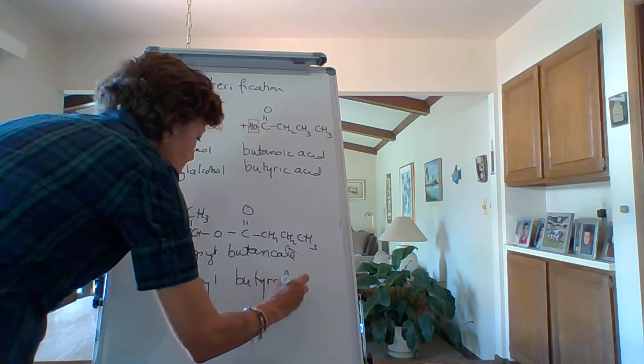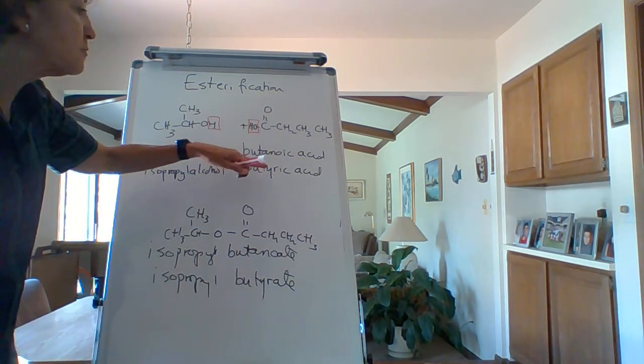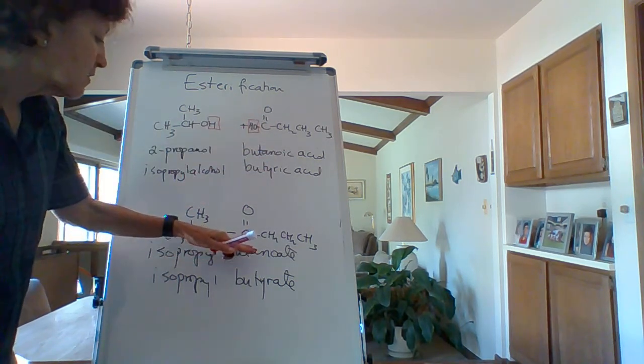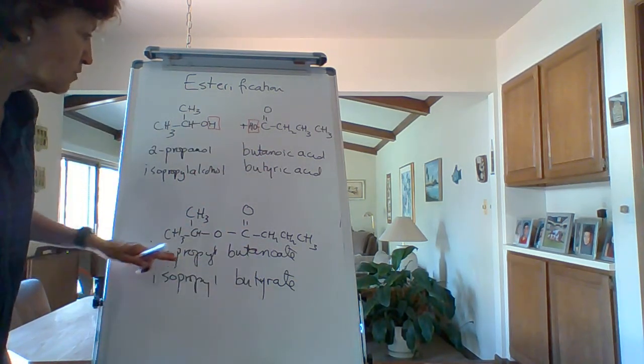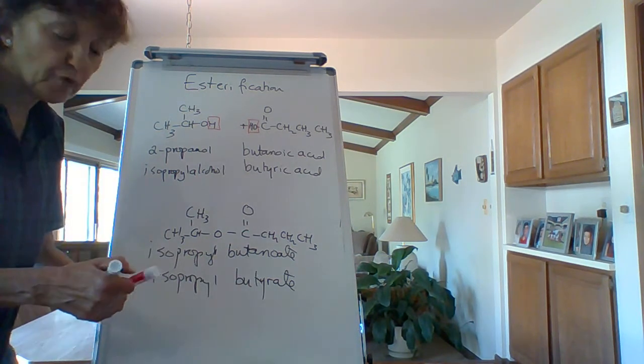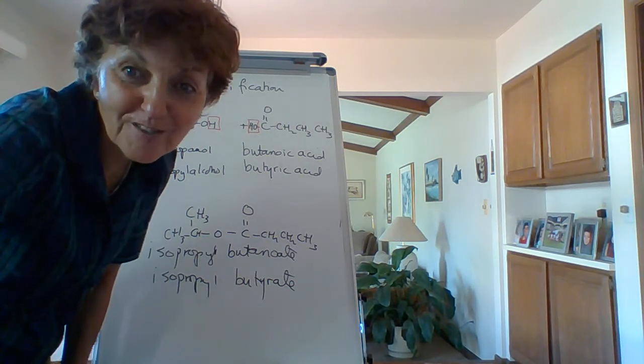So they're very similar, but remember, this is butanoic acid, this is butyric acid. Common, IUPAC. IUPAC, common. So the top one is the IUPAC, the bottom one is the common. The more you practice, the better you will be at naming esters.